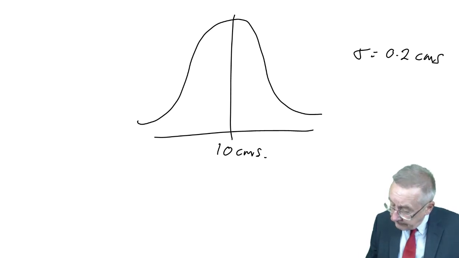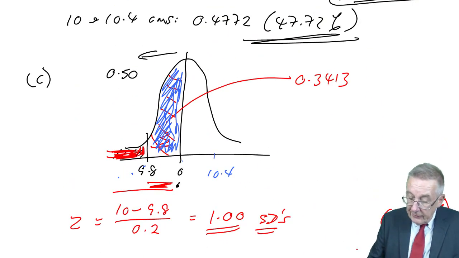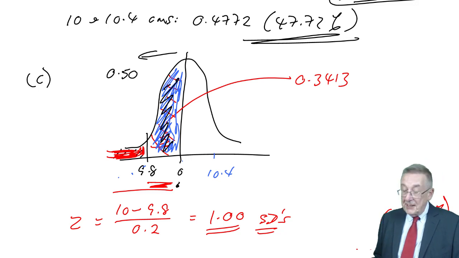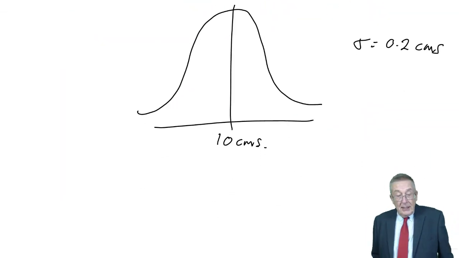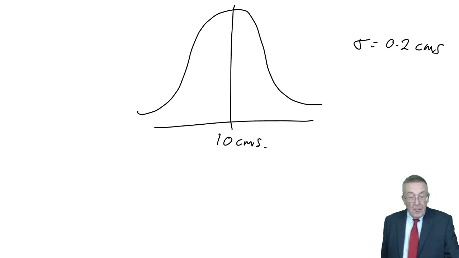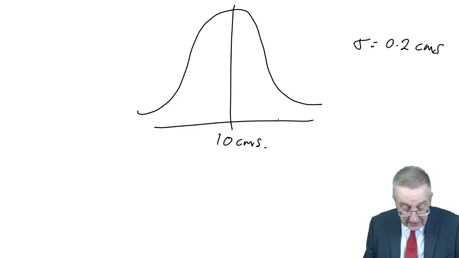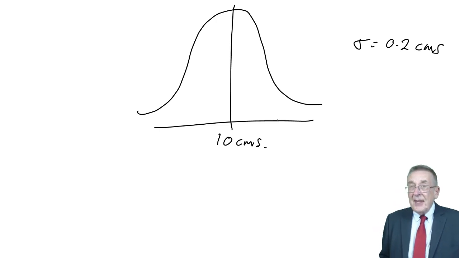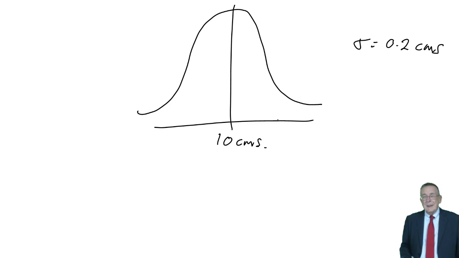Before, we knew the distance away and the tables would give us the probability. Here it's saying the length will be more than X centimetres with a 95% probability.